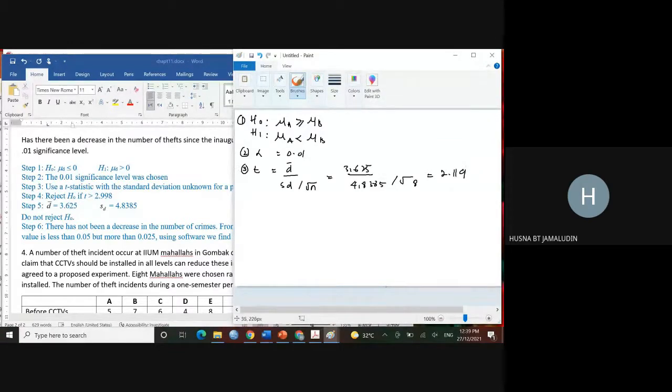Okay, so this is your T, and then number 4, your CV. So this is small. If I want to put it as small, the textbook uses bigger, it doesn't matter. Okay, small. So what is the value of CV?